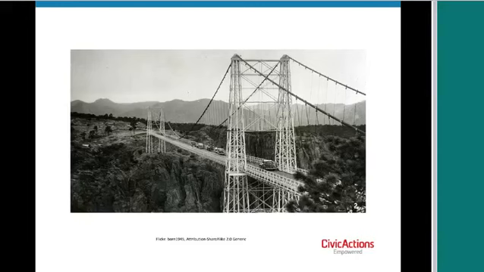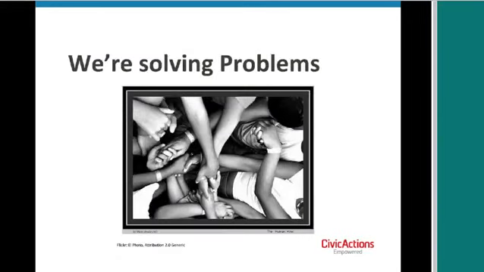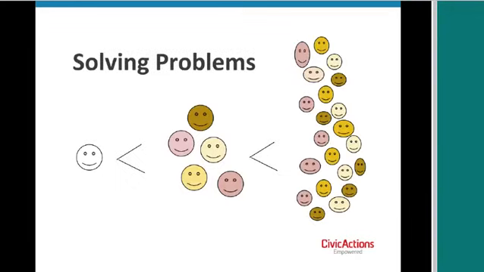What we're doing is solving problems together. And while one person can come up with a perfectly fine solution to a problem, you get a better solution if you have a group of people with diverse viewpoints solving that problem together, and an even better solution if you have a diverse group of people who are getting regular feedback from the stakeholders in having that problem solved.